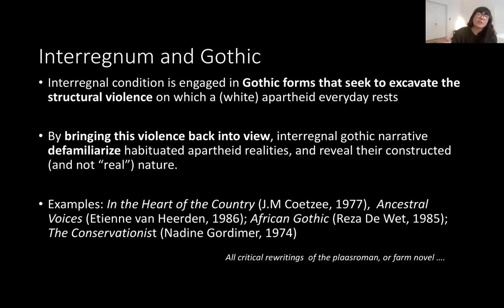So in the book, I talk about J.M. Coetzee's In the Heart of the Country. I talk about Etienne van Heerden's novel Ancestral Voices, Reza de Wet's play African Gothic, and then the text that I'm going to look at now briefly, Nadine Gordimer's novel The Conservationist. What is important about this selection of narratives is that they are all rewritings of the South African farm novel, which is called the Plaasroman.